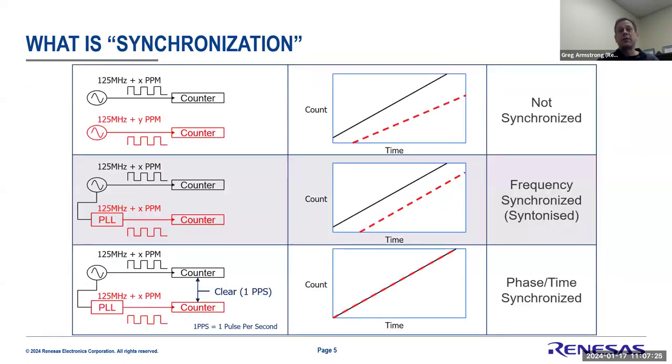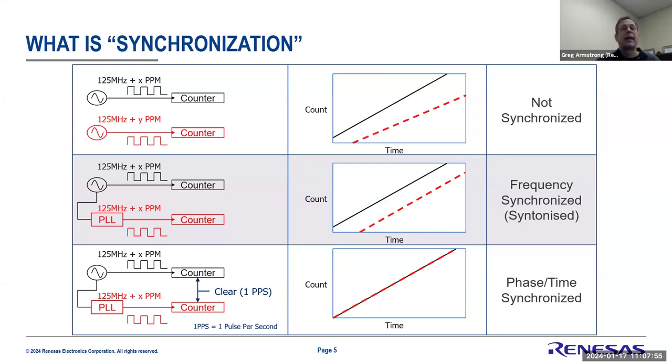So if we look at it in terms of relating it to a graph or relating it to clocks, you can look at it as simply as: if we have no synchronization between two clocks, we could have two sources of clocks, let's say oscillators or crystals, that fundamentally everyone looks at and says, oh, it's the 125 megahertz clock. That's roughly how often it will cycle itself in a second, but there's always some sort of error.